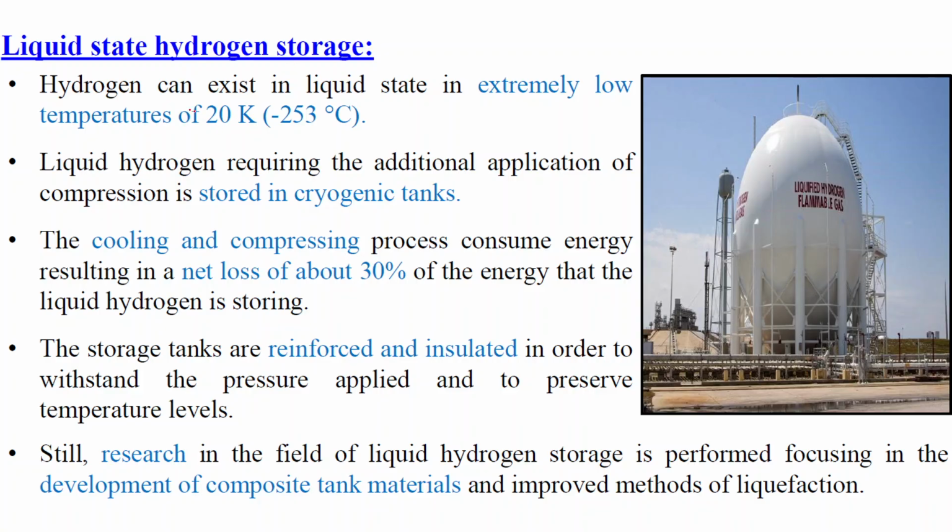Liquid state hydrogen storage. Hydrogen can exist in liquid state at an extremely low temperature, that is minus 253 degrees. So maintaining that minus 253 all the time is a very hectic task. Liquid hydrogen, requiring the additional application of compression, is stored in cryogenic tanks. Since a very low temperature is required, cryogenic tanks are needed.